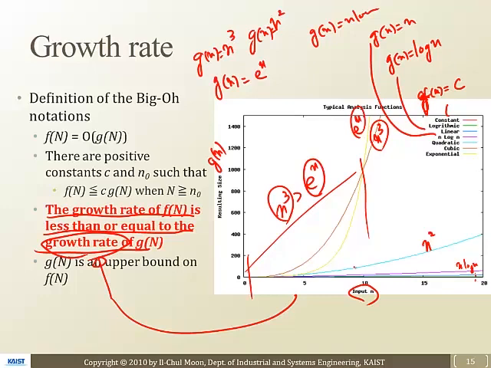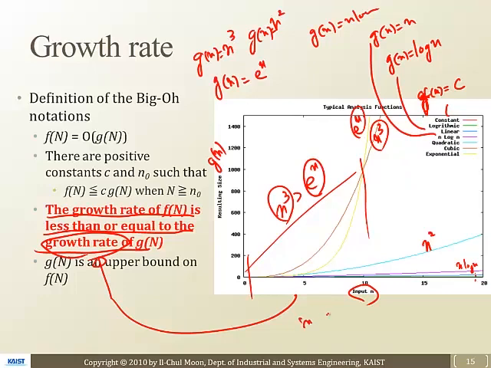So if something grows faster than the given function, that something is the upper bound, the worst case of the analyzed formula. And that's why we are going to find out the growth rate.